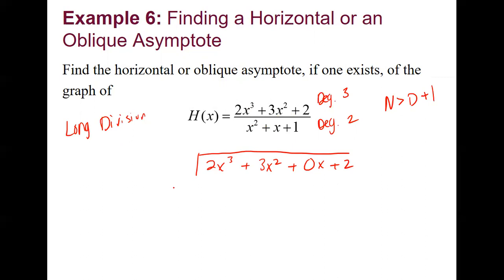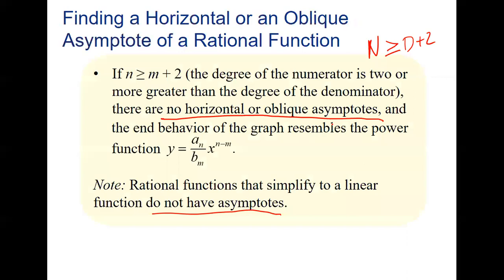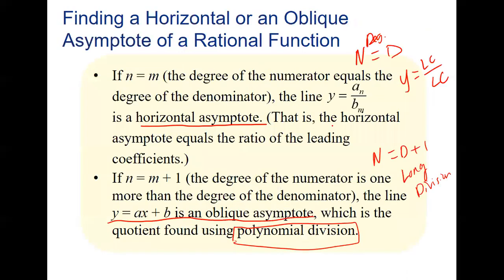What was your question? It only talks about the degree, it's not the entire. Yeah, it's just strictly what the degree is. That's the rule for knowing what type of inequality.